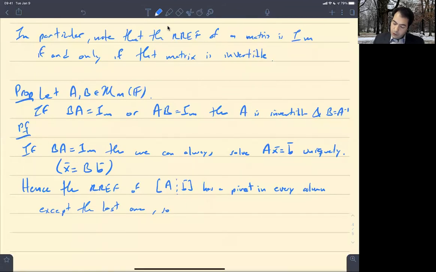So the reduced row echelon form of A is the identity. So by the algorithm, A is invertible.